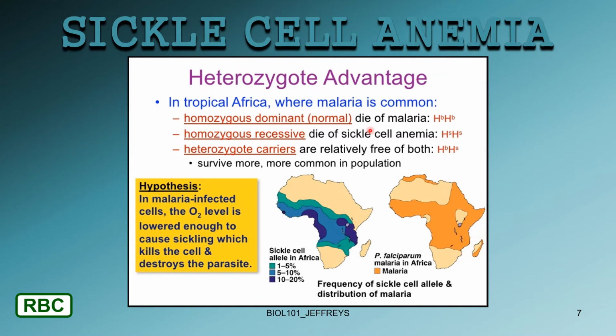Okay, so in tropical Africa, where malaria is common, so look, homozygous dominant, these are normal people, no sickle cell trait, they die of malaria.